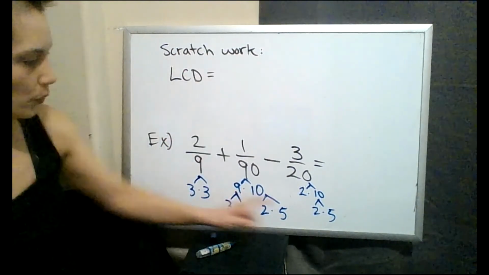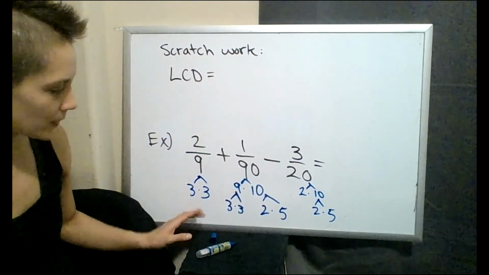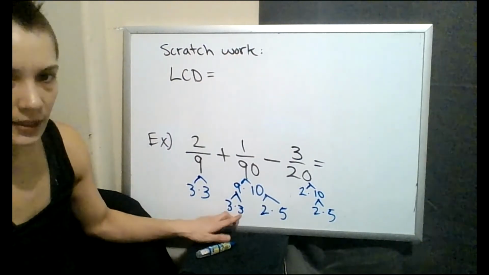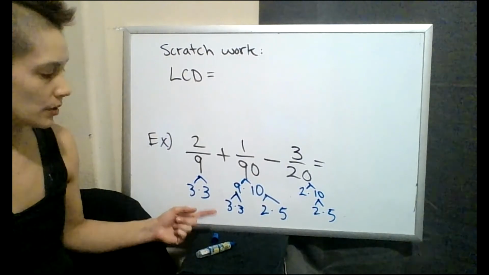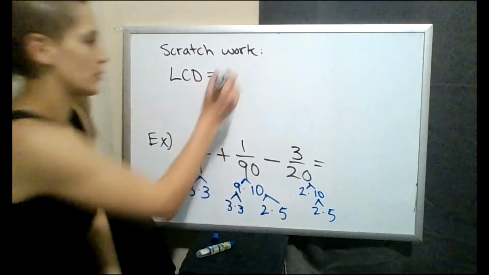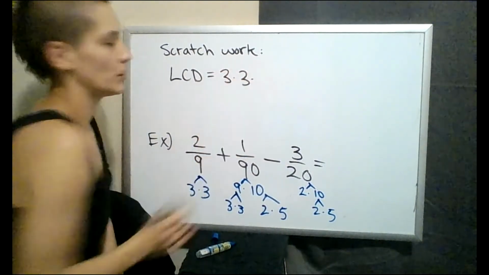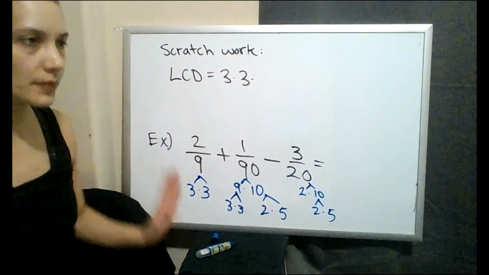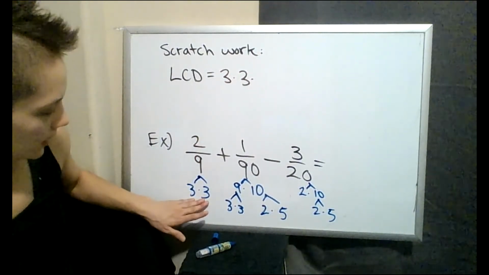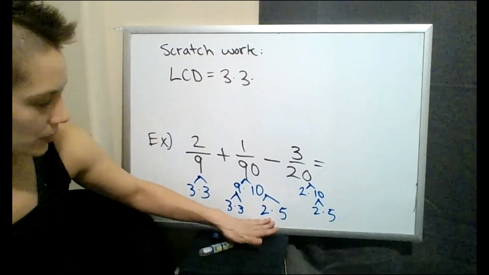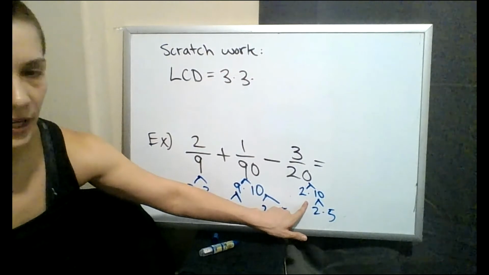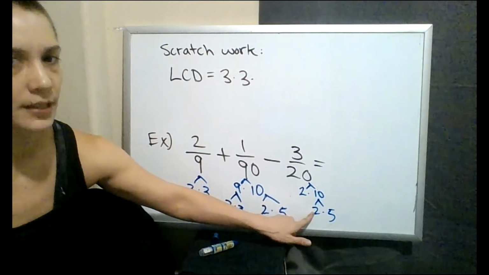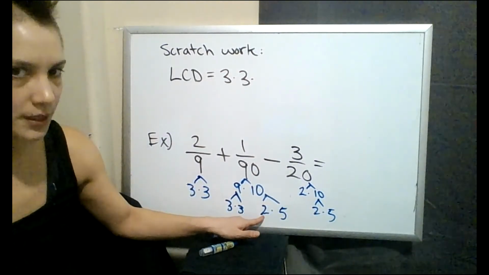All right. One of the factors is 3. This has 2 3s. This has 2 3s. No 3s over here. So we're going to choose 2 of the factor 3 and multiply those together. Looking through, we've got the factor 2. It's here and here. This fraction has 2 2s in the denominator. This has only 1 2.